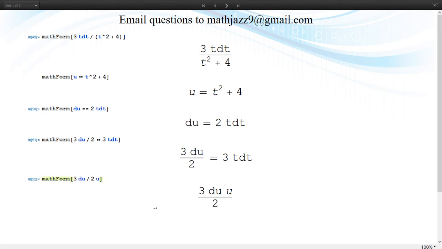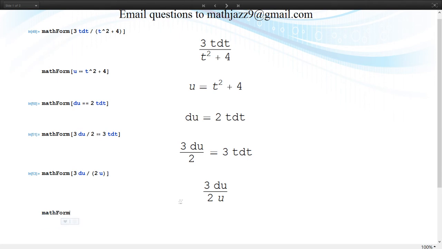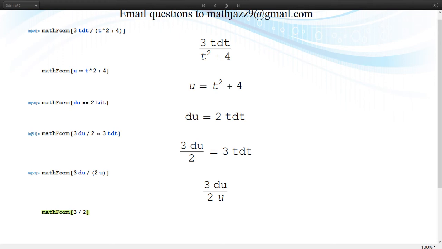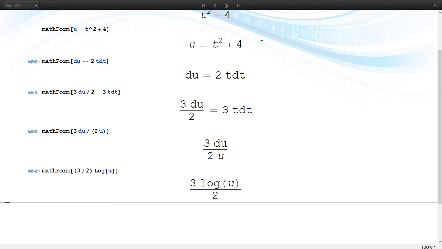Oh, we need to put parentheses here. There we go. Now the integral of du over u is the natural log. So the constant gets pulled out in front, and then we get log of u as our antiderivative. And we're going to back substitute.